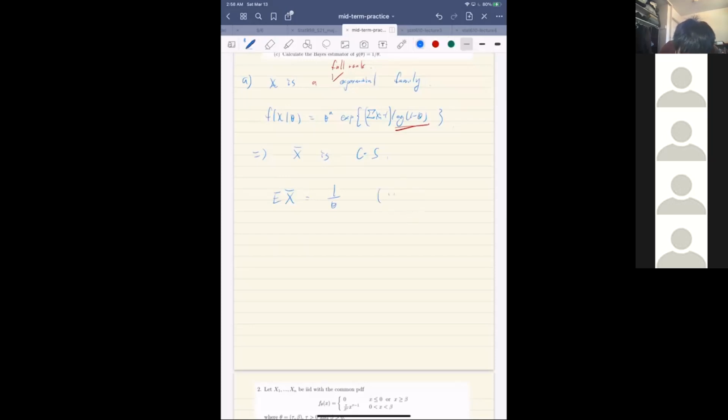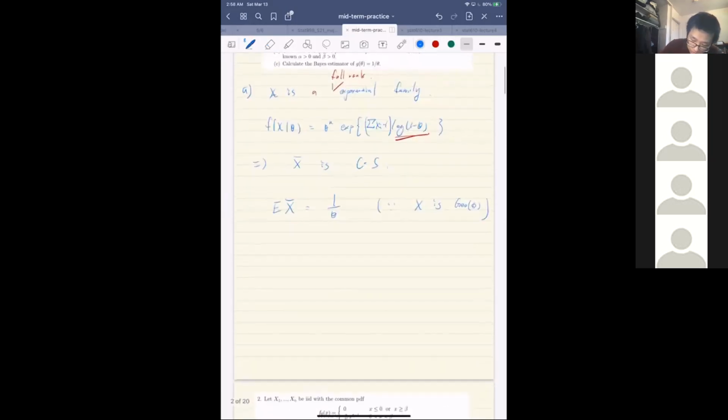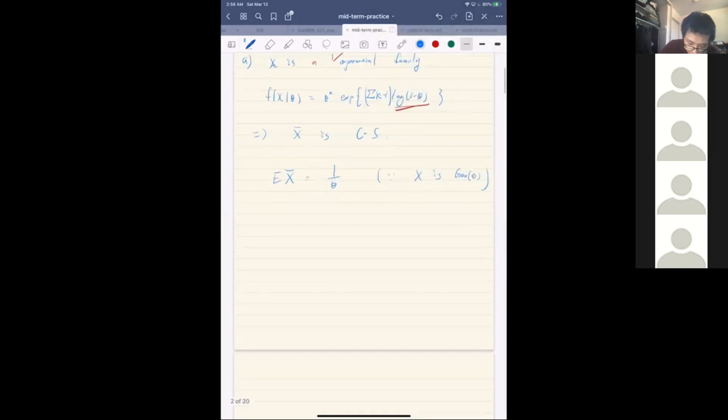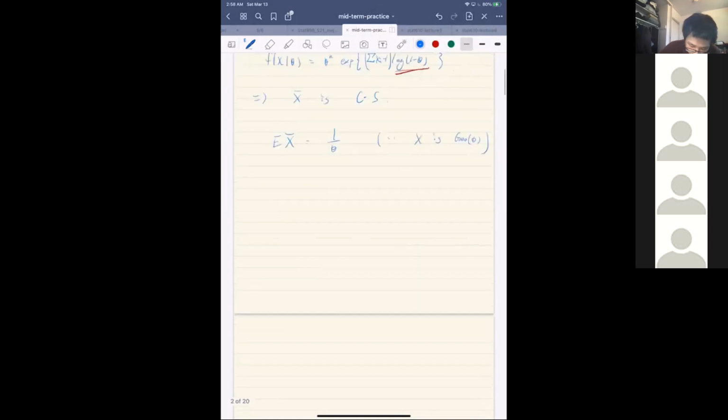Okay, x is geometric distribution with parameter theta.